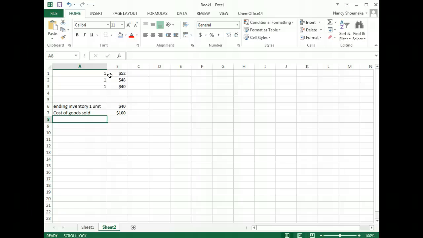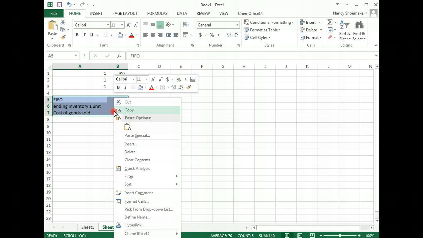Make sense? Yes. So under the FIFO method, what's left in inventory is the last item. What's sold are the previous items.